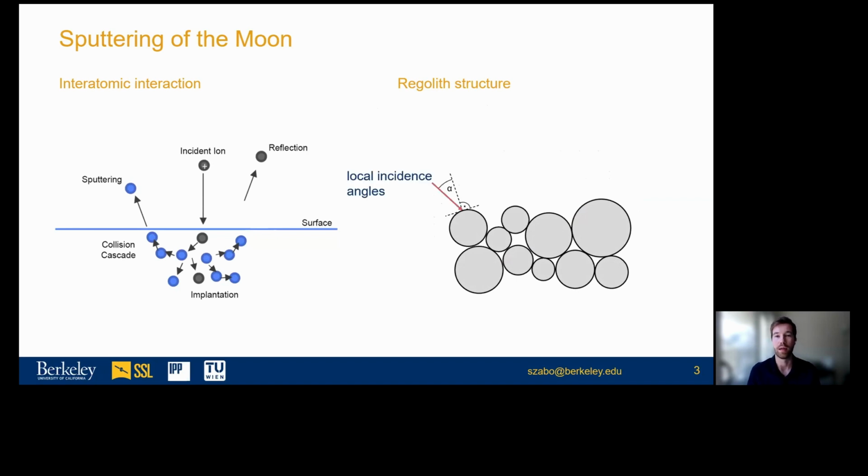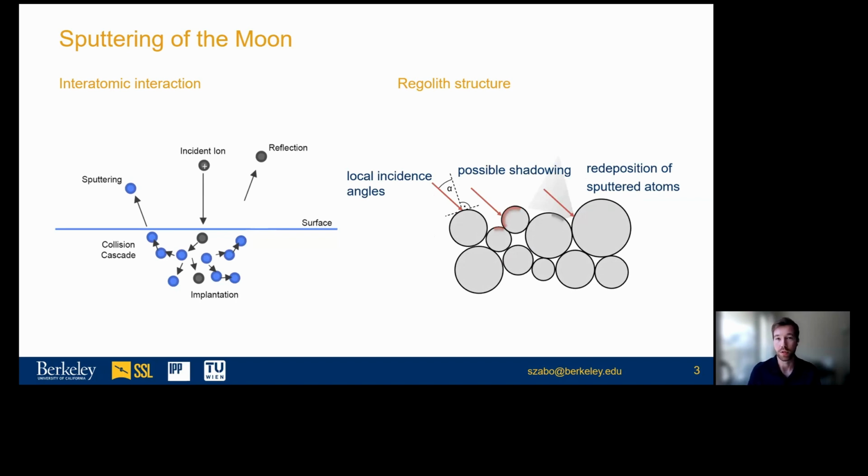And this can affect the ion surface interaction through local incidence angles that will severely change how much is sputtered locally. You can have possible shadowing of certain elements, and very important also, the redeposition of sputtered atoms from one grain at another grain's surface.